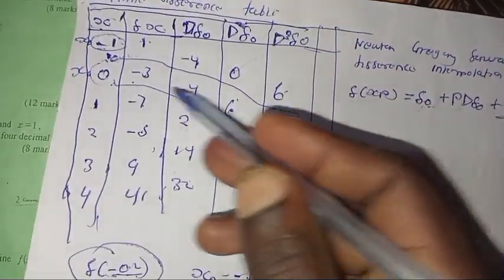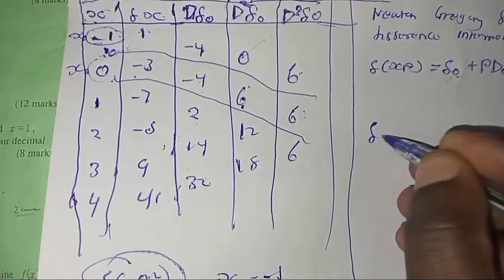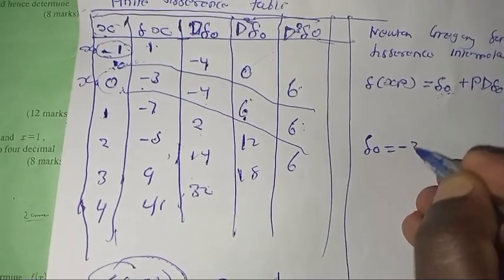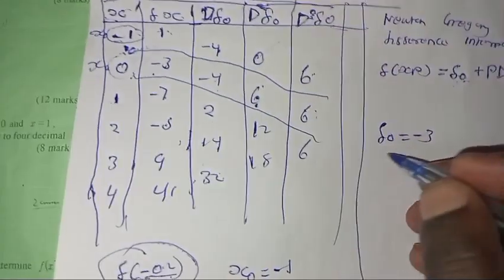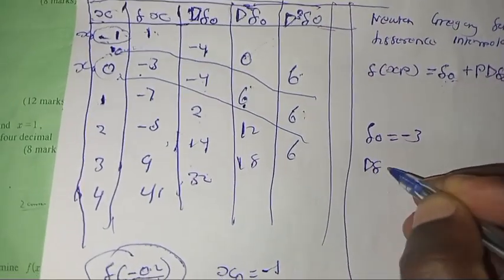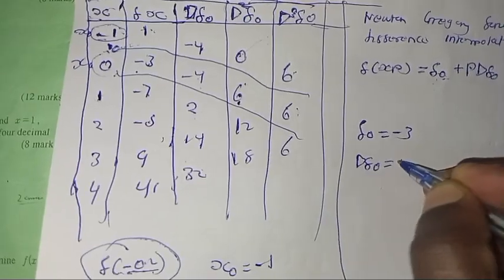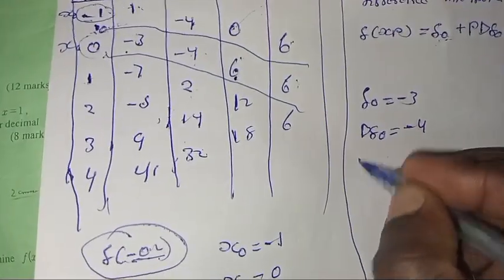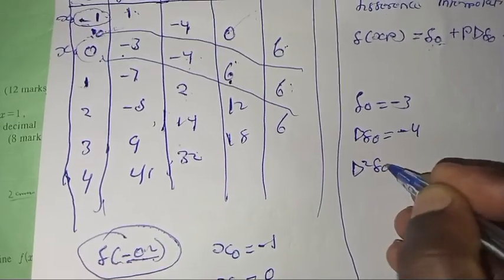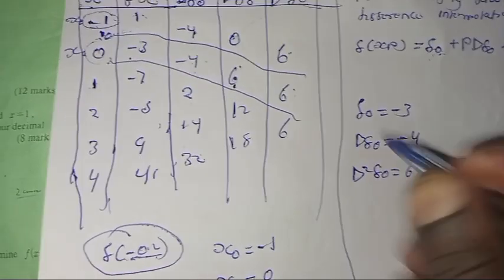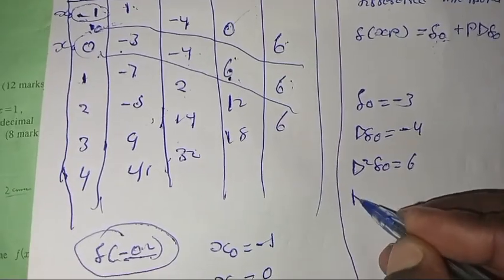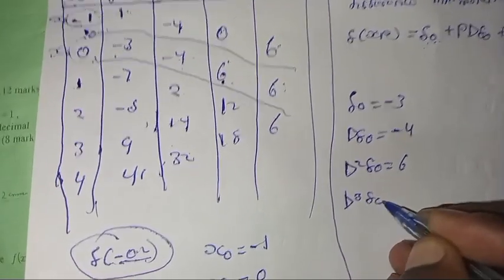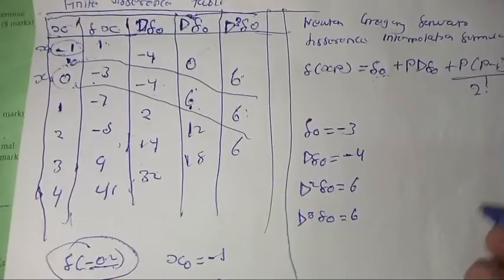So f0 is equal to -3. The first difference Δf0 is equal to -4 from here. The second difference is equal to 6, and the third difference is equal to 6 also.